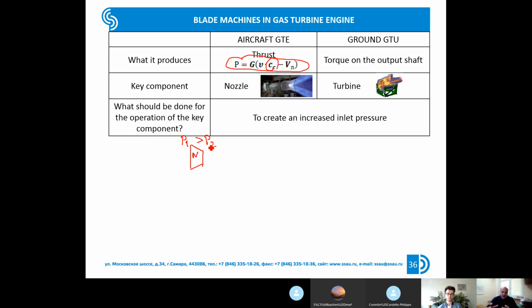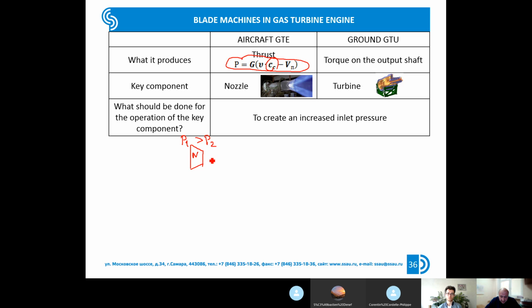So, to create a high-speed jet, you need a nozzle, but a nozzle without anything will not work. You need to provide additional conditions. You need to provide the pressure difference between the inlet and the outlet, and the pressure at the inlet of the nozzle will be more than the pressure at the outlet.